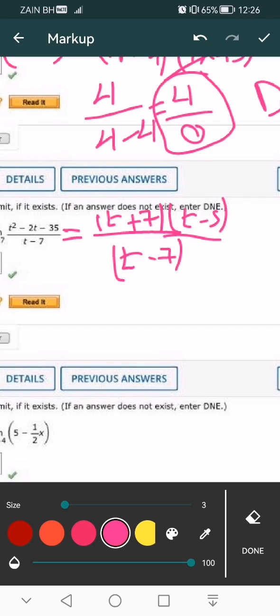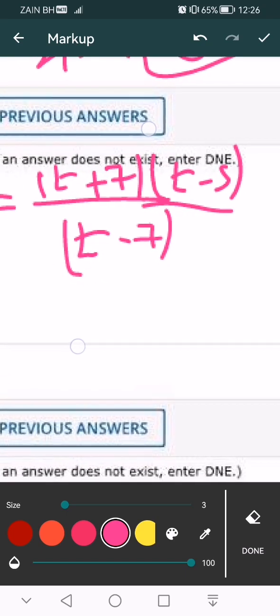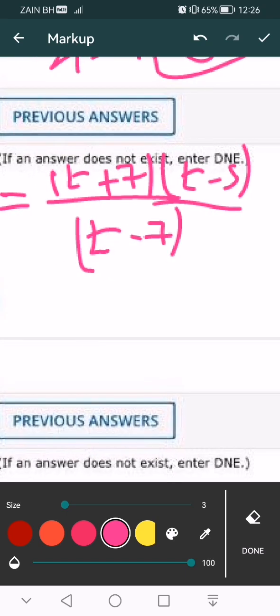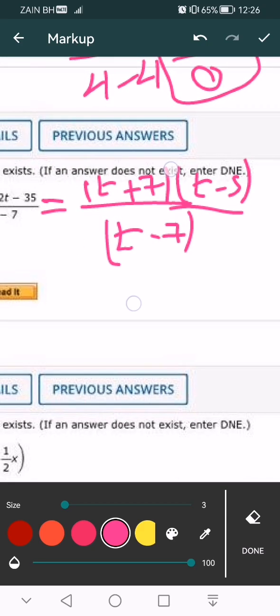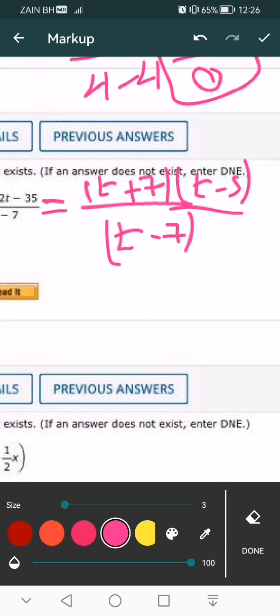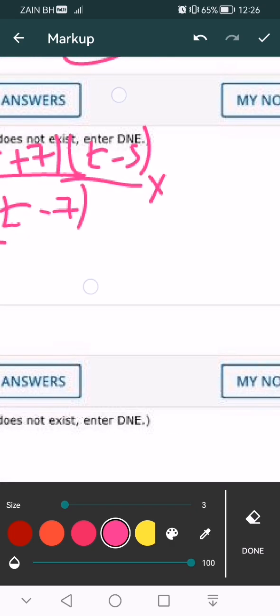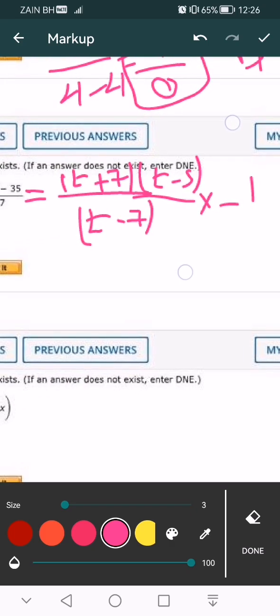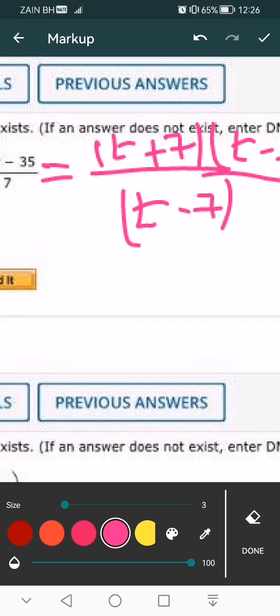The question is how I can simplify this one. I can multiply here by minus 1, or I can take minus common factor from here.